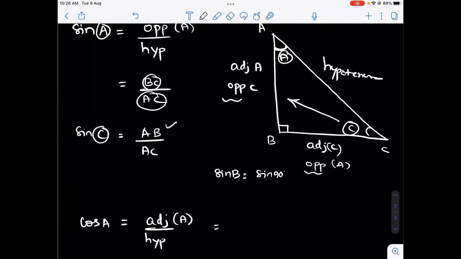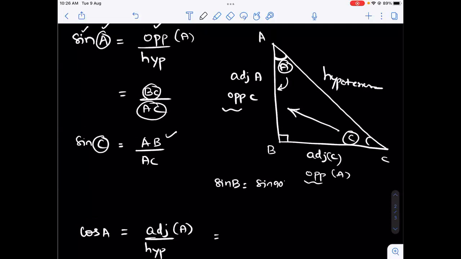Angle A is here. What is the adjacent side to A? Adjacent means beside. He is beside you.